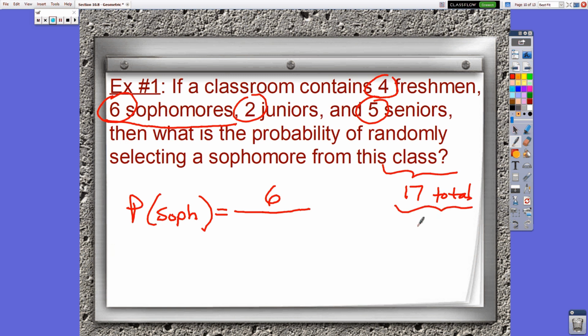This represents that all factor. That's our denominator. So essentially we have a 6 in 17 chance, and I could express this probability as a fraction. It doesn't have to be a decimal or a percent. But if I brought up my calculator, there you are.